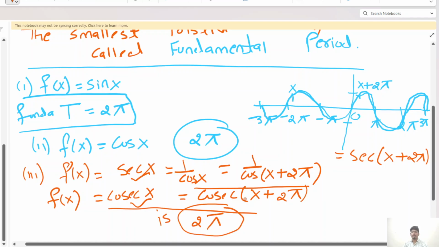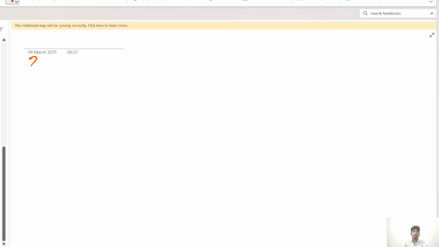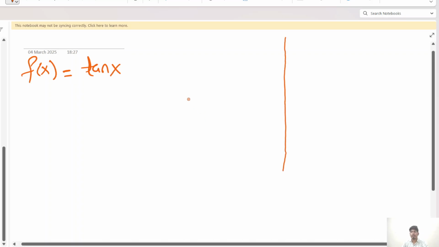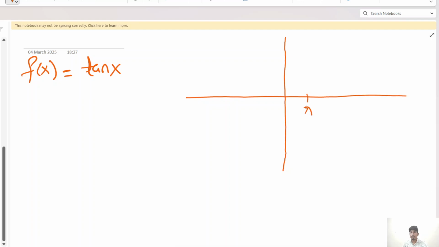Now we describe tangent x. f(x) is equal to tangent x. We know the graph of the tangent function is this. This is our y-axis, this is our x-axis, and here pi by 2, here 3 pi by 2, here 5 pi by 2, here 0, minus pi by 2, minus 3 pi by 2.